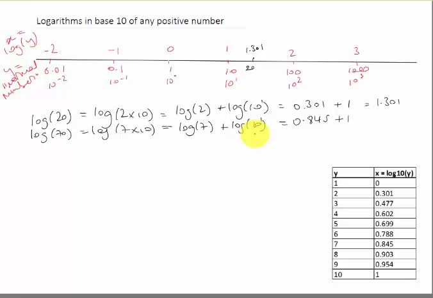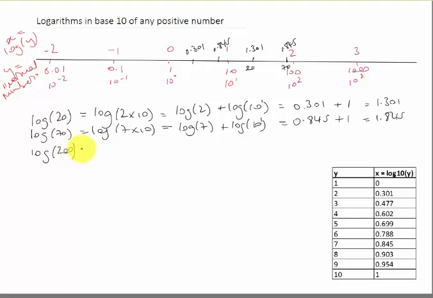Log in base 10 of 10 is 1. So 1.845. Let's draw that on. That'll be up here somewhere. Cool. We could just do our 2 and our 7. Let's do that. So that's 0.301, 0.845.